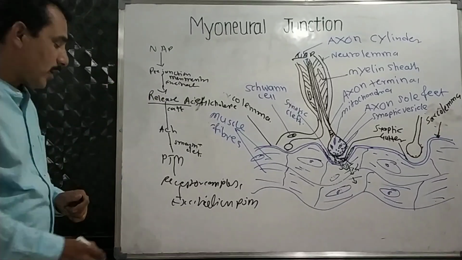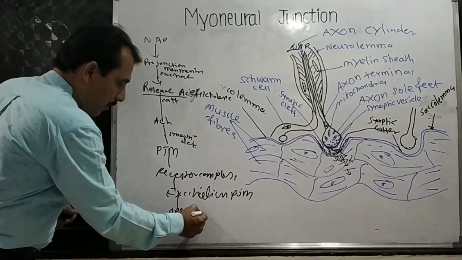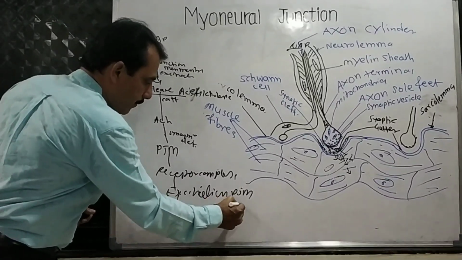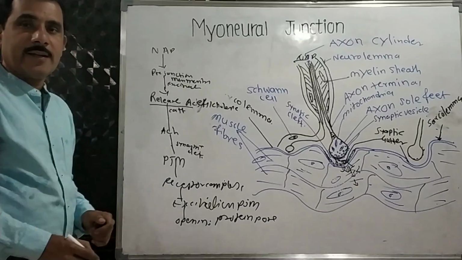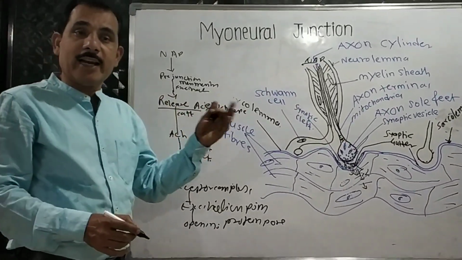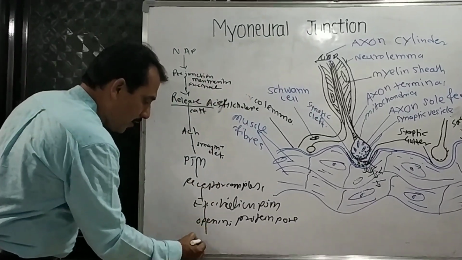After excitation, what happens? Opening of protein pores, due to dislodgement of calcium from the postjunctional membrane.